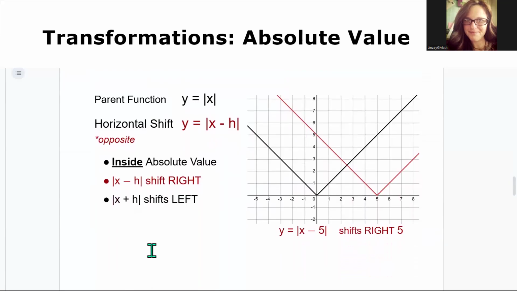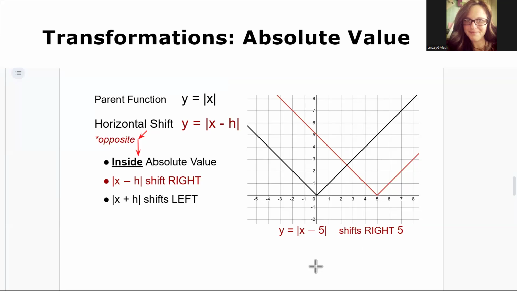Let's take a look at a horizontal shift, left and right. When you have a number added or subtracted inside the absolute value symbol, this will shift the graph left or right. Horizontal is tricky. Horizontal is the opposite of what you would think.